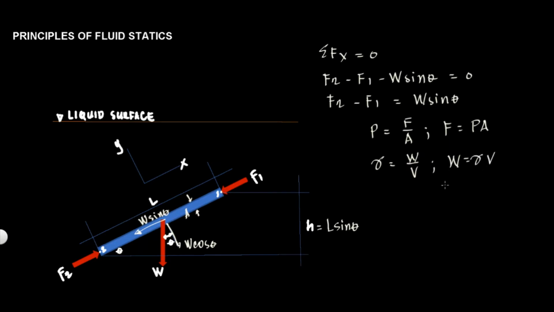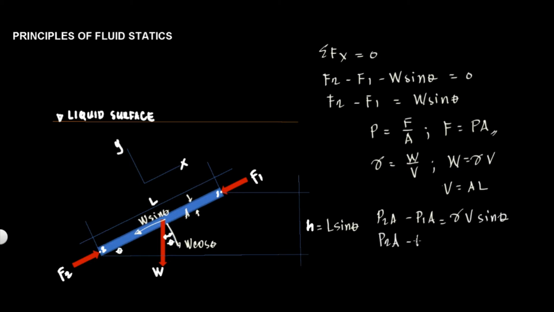And volume is equal to A times L. So from F2 minus F1 equals W sine theta, F2 is P2 times A, minus P1 times A equal to W, which is gamma V, sine theta.